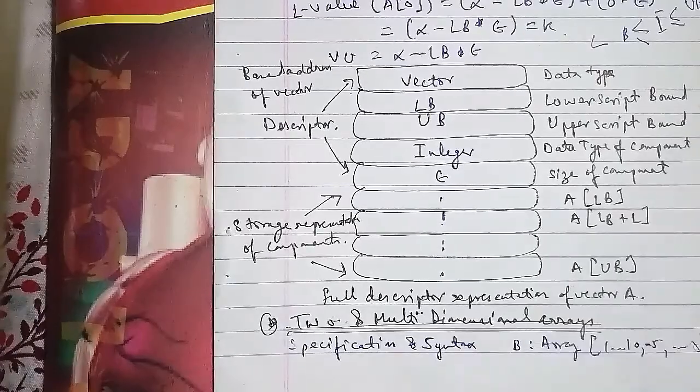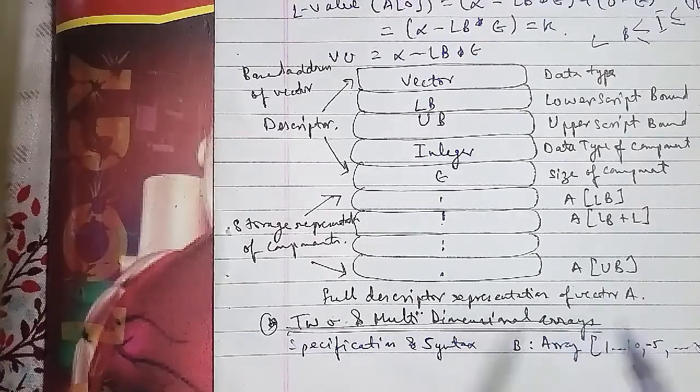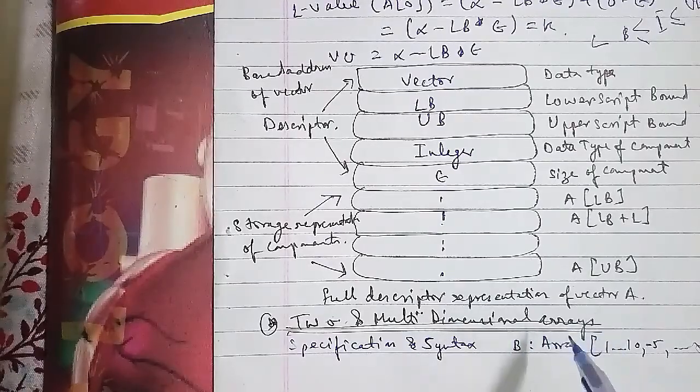For example, that is B[2, 4]. And we will now discuss the implementation as well.